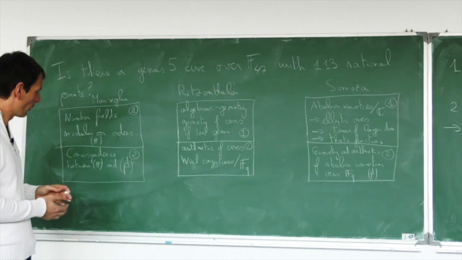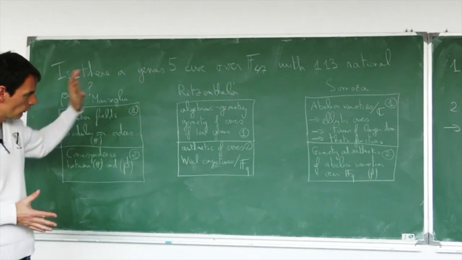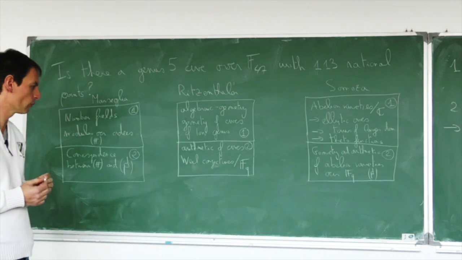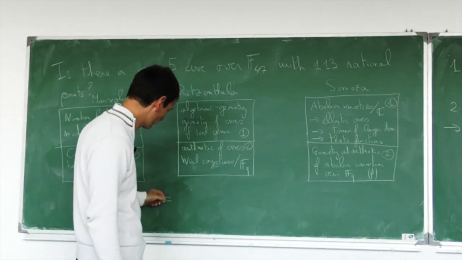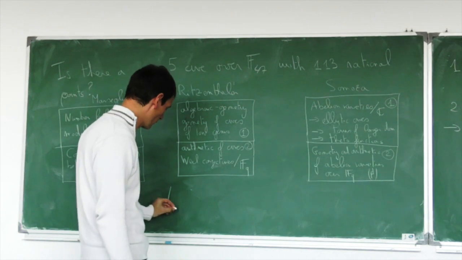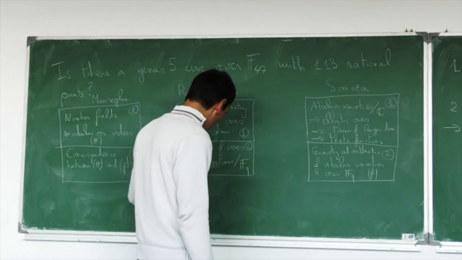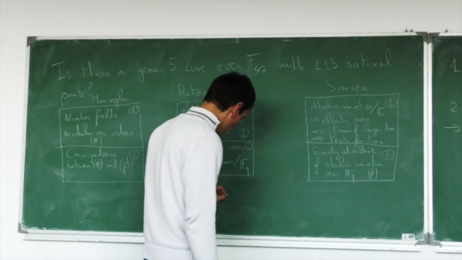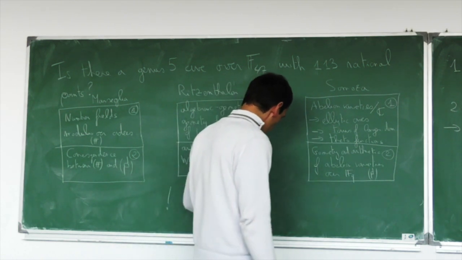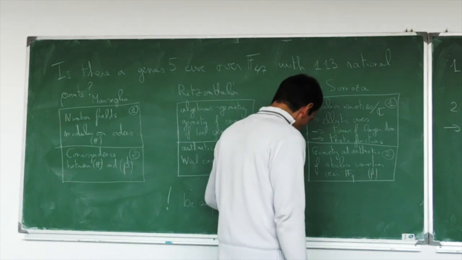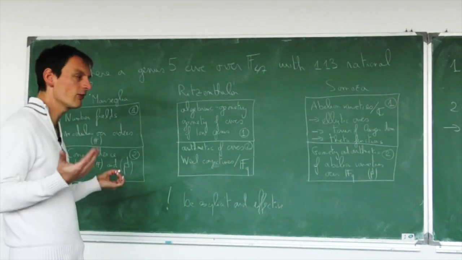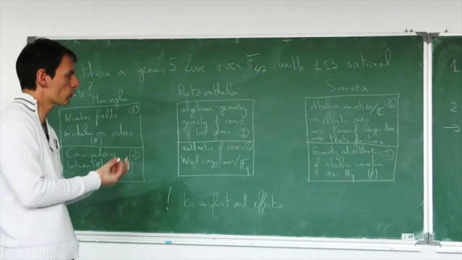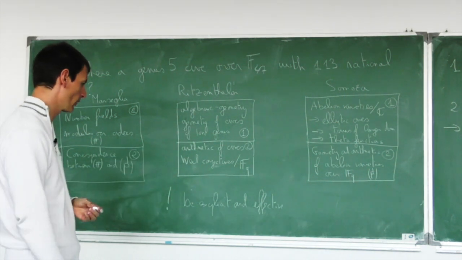And I think that one of the common features of all we are going to develop is the following, that you really want, as much as possible, to be explicit and effective. Right? We don't really just want to say it exists. We want as much as possible to be able to play with these objects.